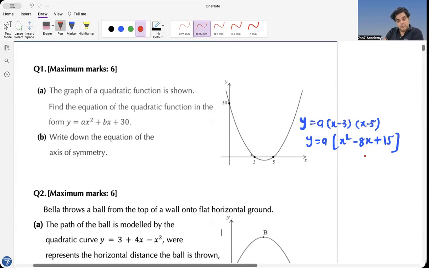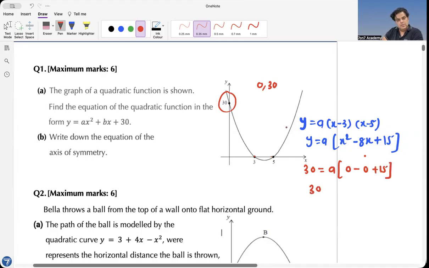To get A, you don't use these points, you use any third point. The third point given is (0, 30). So x is 0, y is 30. You'll write here 30 is equal to A(0 minus 0 plus 15).